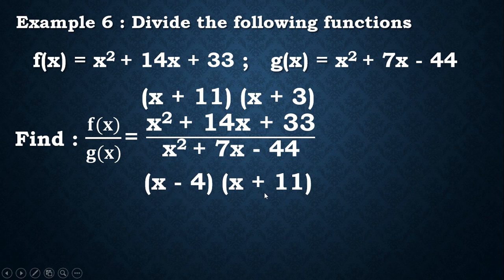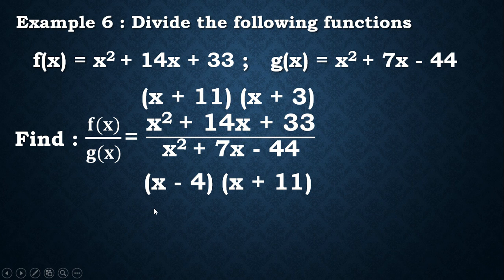Or negative 4 plus 11, that is positive 7. And write the variable x beside 7 for the middle term. While in the last term, you multiply negative 4 times positive 11. 4 times 11 is 44. Negative times positive, that is negative.